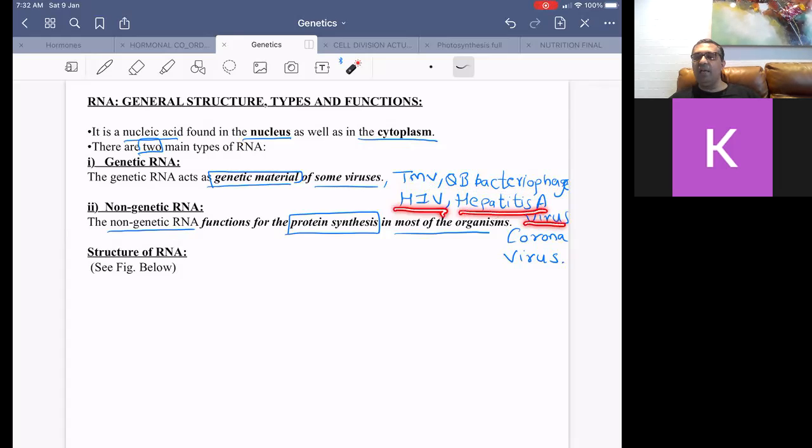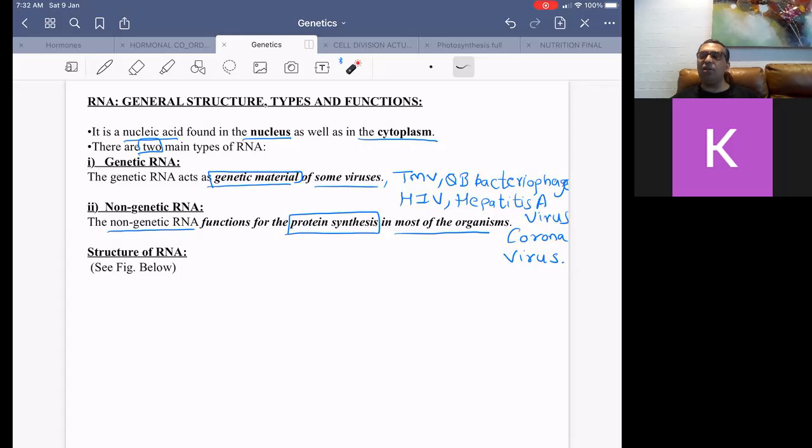Hepatitis A virus has got RNA as genetic material. And nowadays, the most commonly talked about virus, the deadly coronavirus itself, the SARS CoV 19 virus, has RNA as the genetic material. But except for some viruses, all other organisms have got DNA as genetic material, including us humans.